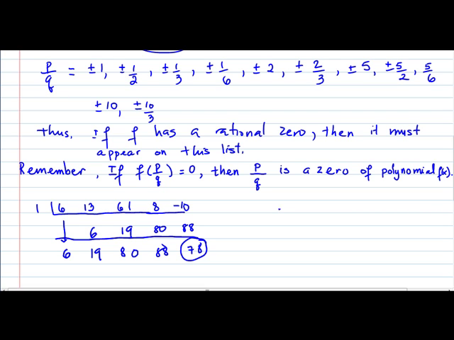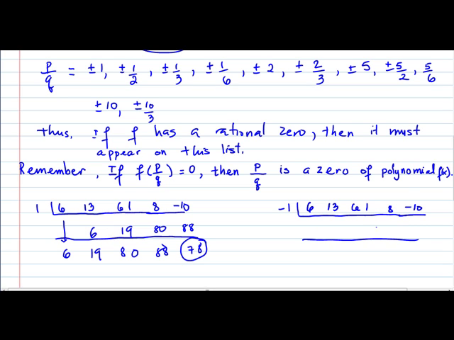So I'm going to move on to minus 1. Using -1, I have 6, 13, 61, 8, and -10.